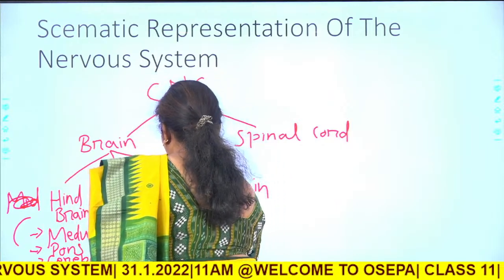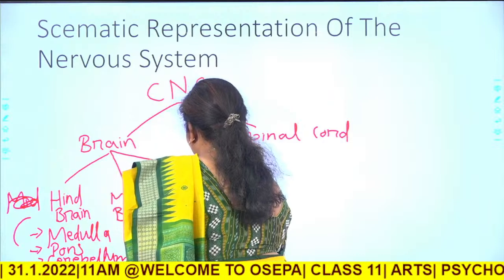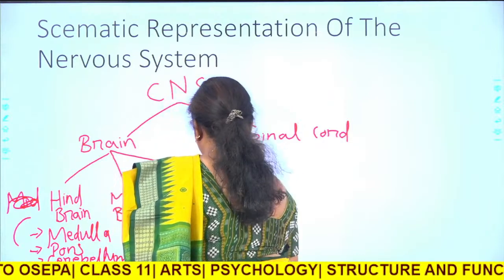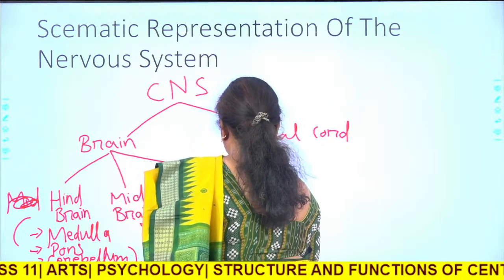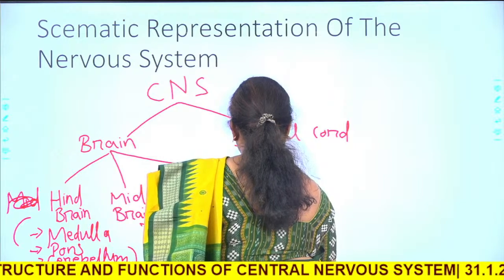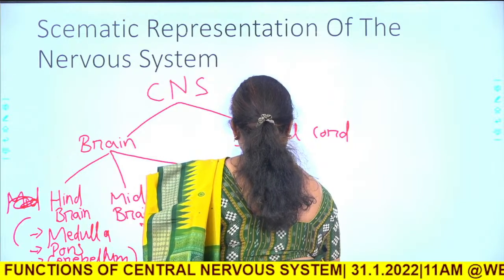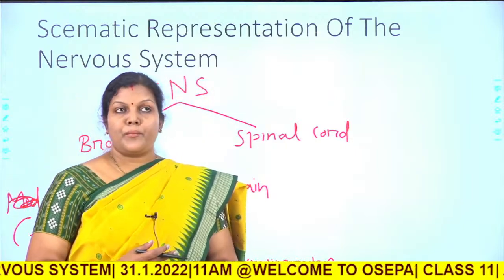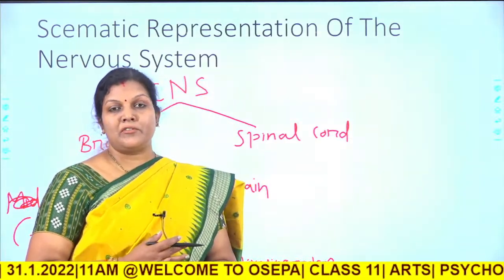Within the forebrain, four subdivisions are there.